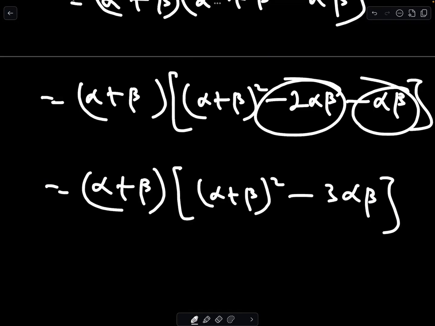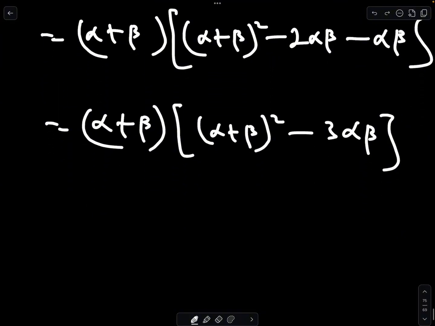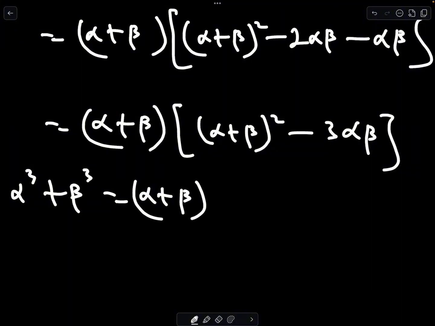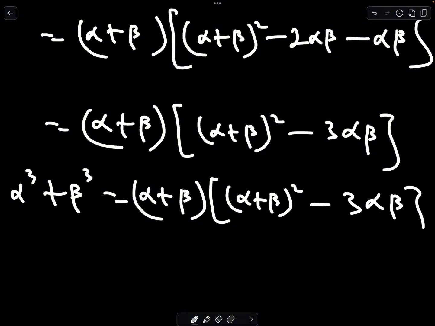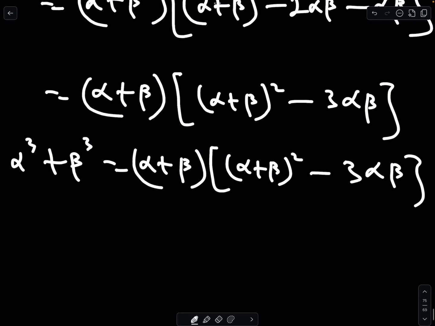I know that minus 2 alpha beta minus alpha beta is minus 3 alpha beta. So that is the identity for alpha cube plus beta cube: alpha cube plus beta cube equals alpha plus beta times alpha plus beta all square minus 3 alpha beta.